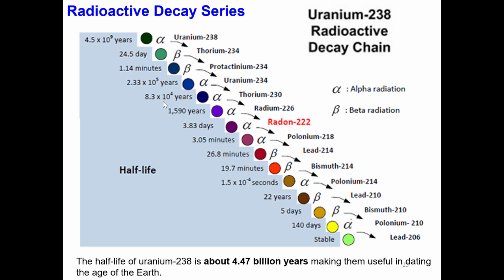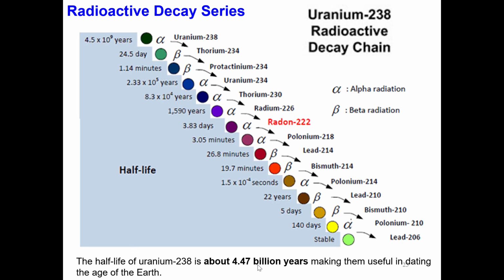For example, from uranium to thorium decay, the time of the nuclear reaction is 8.3 × 10^4 years. That is a long time. And if we add all these numbers, we will get the half-life of uranium 238, which is about 4.47 billion years.